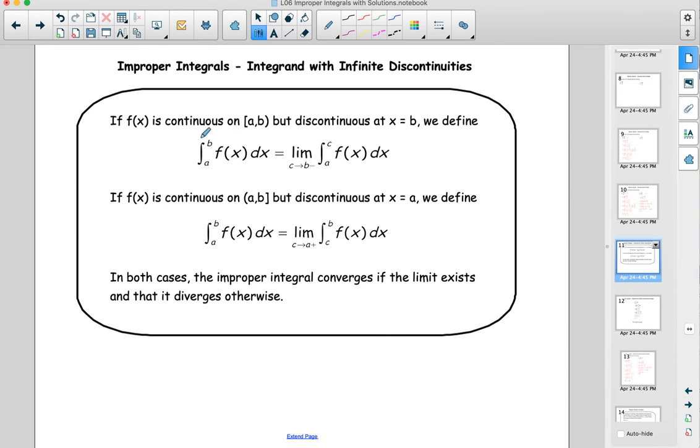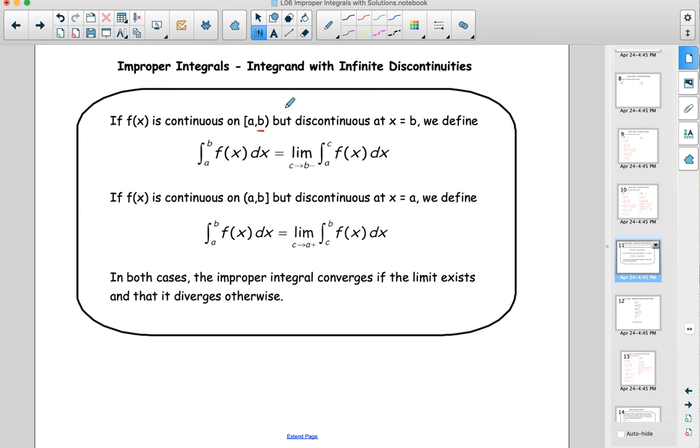So that's jumping to this slide. What we're going to do now is we're closed on this end A, but we're open on the B. So the vertical asymptote is likely occurring at the B here. So now we're going to change this to the limit as we go from A to C, but C is going to be B negatively, right?